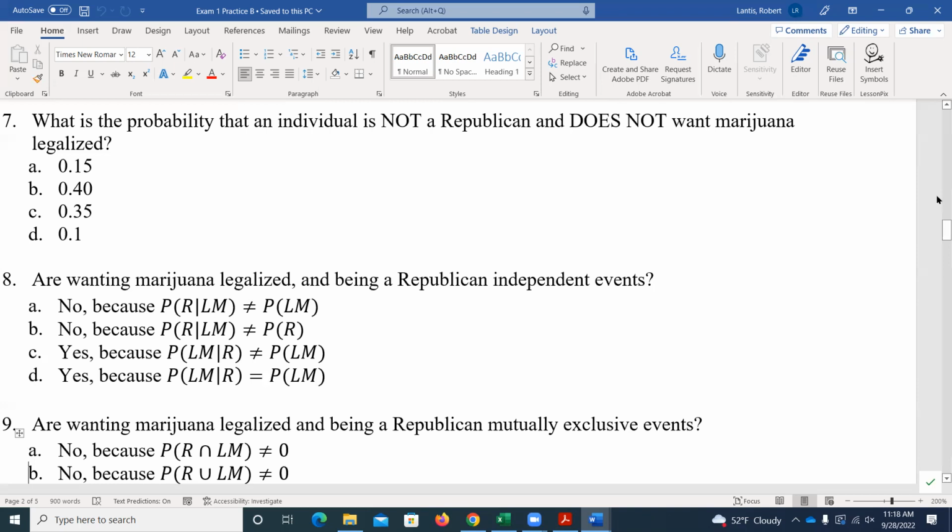Now it doesn't matter, because if I found that these aren't independent, then I know the answer is no. And if I check whether the unconditional and conditional probability of LM are the same, and they're not, then the conditional and unconditional probability of R aren't the same either. So this is written using R given LM instead. But once I check for independence, I know that has to be the case for the other event as well.